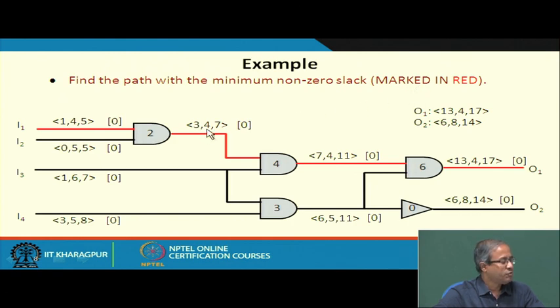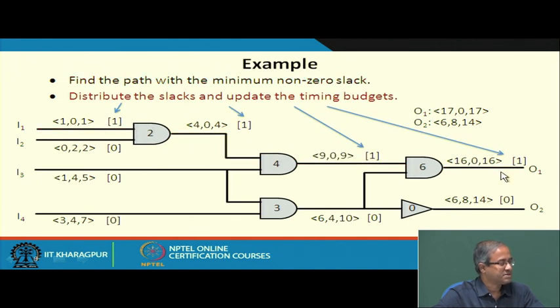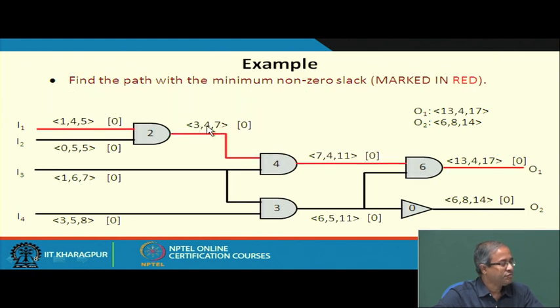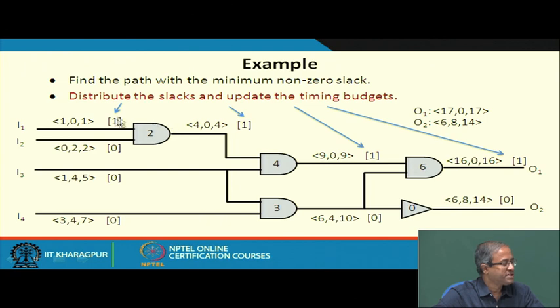Now let us say you pick this, you make this 0 and distribute this slack of 4 among the different paths. This 4 you distribute as 1, 1, 1 and 1. That means along the wires you distribute.